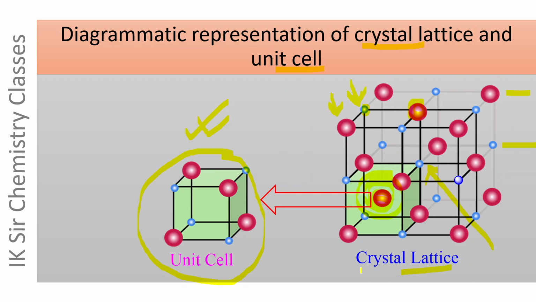In the present case, this crystal lattice is made up of 8 unit cells: 1, 2, 3, 4 in the lower portion, and 1, 2, 3, and 4 in the upper portion.